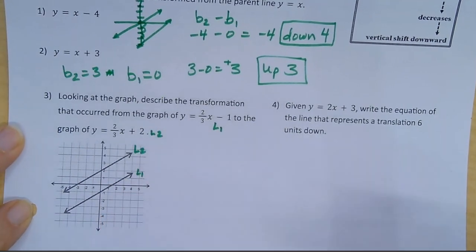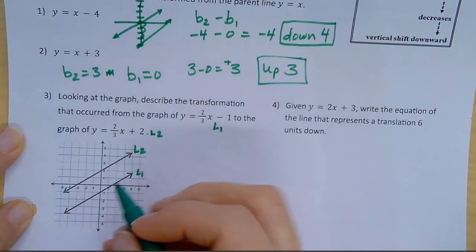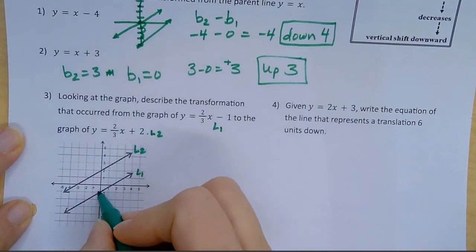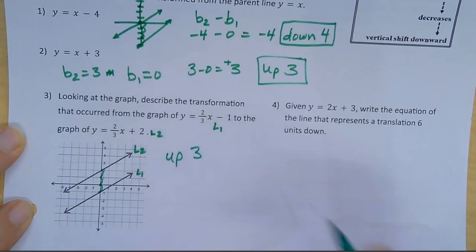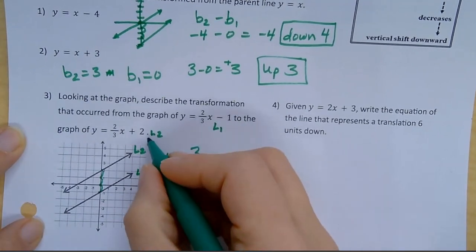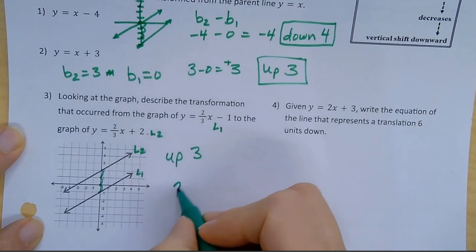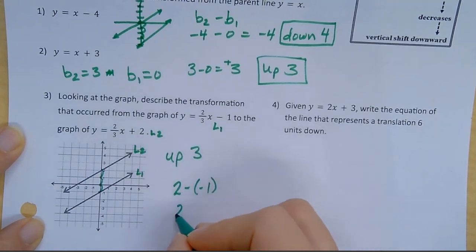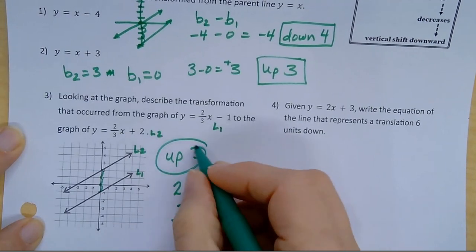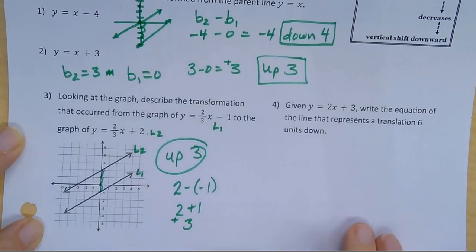And I know that because the problem told me that, okay? So to go from line 1 to line 2, I had to go up 3. I can physically see that, but I can also take my b sub 2 minus my b sub 1, and you can see that that is 2 plus 1, which is 3. So you know you went up 3 here too. The answer for that is up 3.